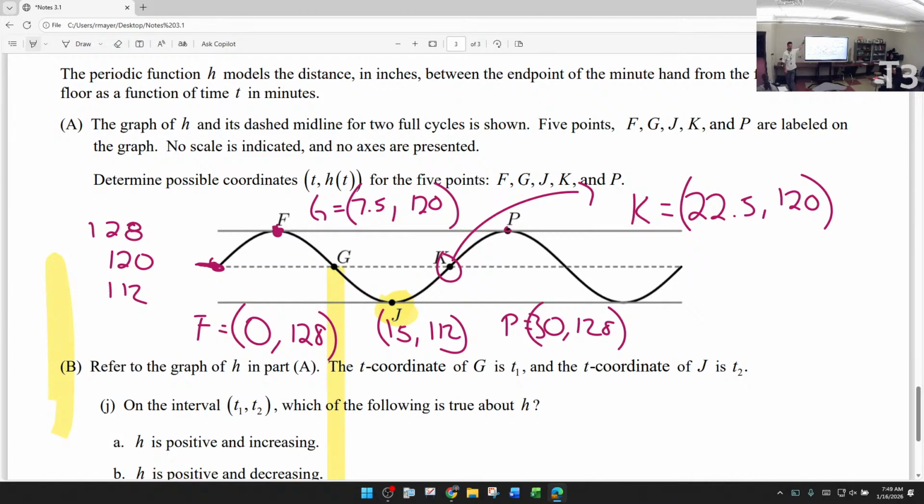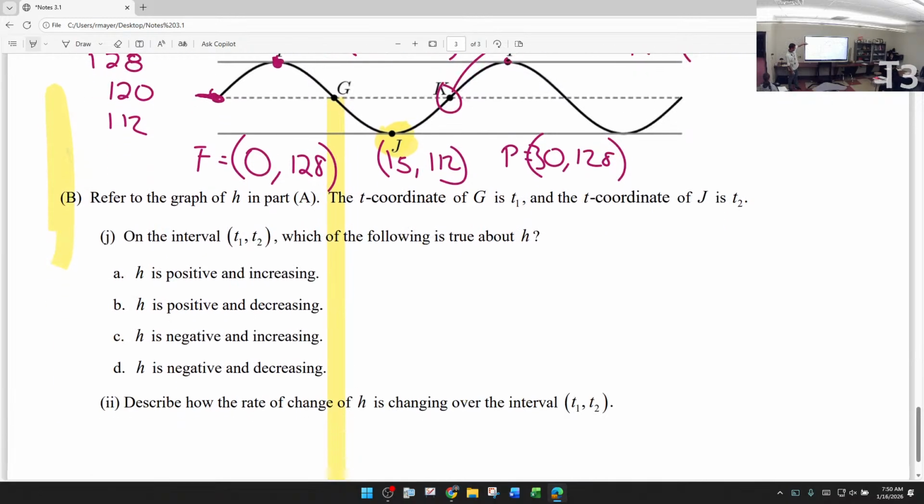The graph of H is dashed, in the middle between them. It's not H of t. H of t is the y value. H is the graph. So it's decreasing because it's going downhill, and it's negative increase. It's increasing at a decreasing rate, right? Because it's concave up.